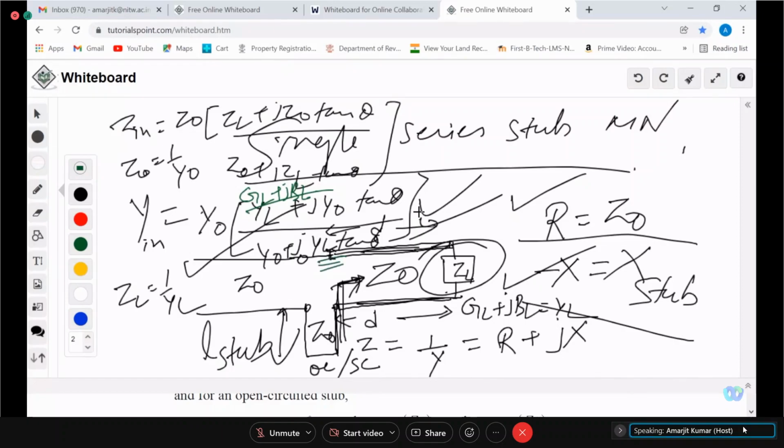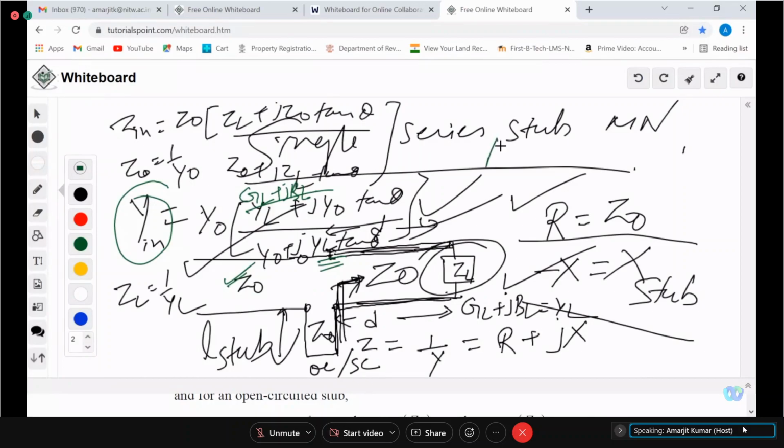So basically you know how to do it. So what you will do? Y in, which is equal to this thing, and Y is equal to 1 upon Z, that is 1 upon R plus jX, because Z is equal to R plus jX.